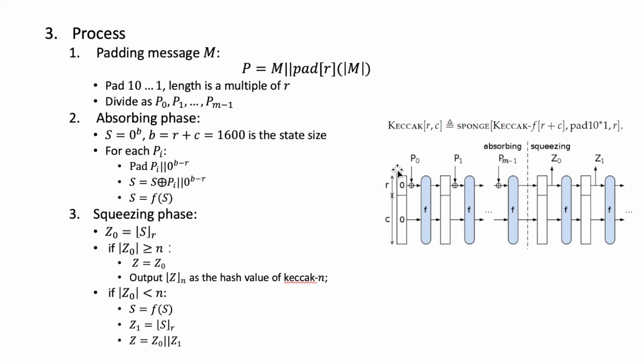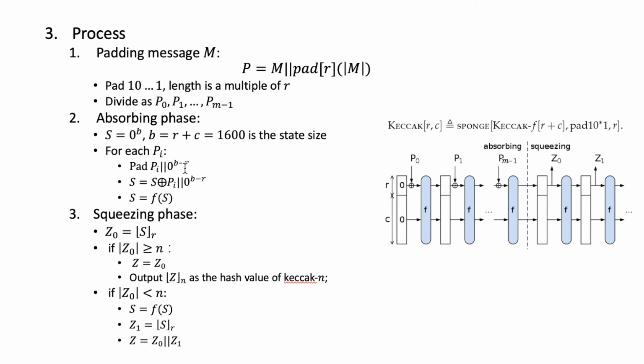So this is the initial state S, all zeros. Then we process the message blocks. For each block P_i, we first pad it with another b minus R zero bits, so that the total length becomes b bits.